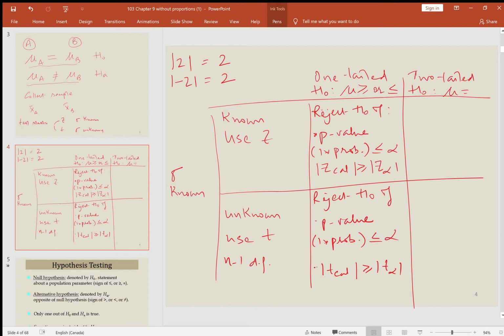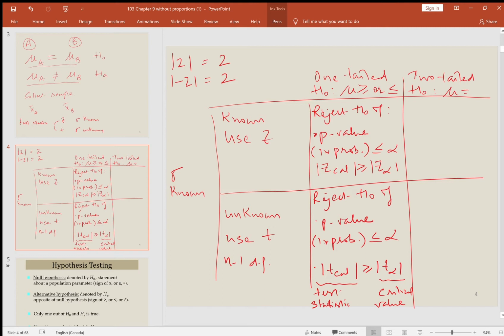Okay, so this calculated value is called the test statistic, and the value from the table is called critical value. And this remains the same whether we use the z table or the t table. Okay, so that was one tail test.